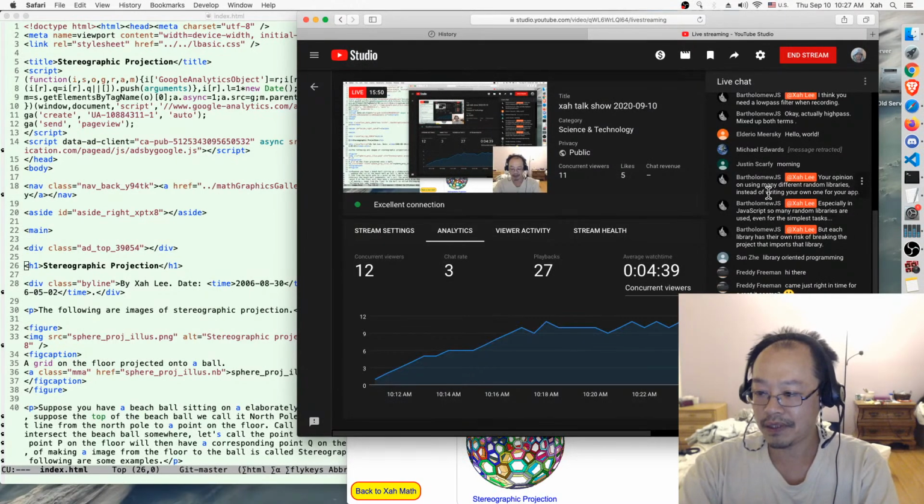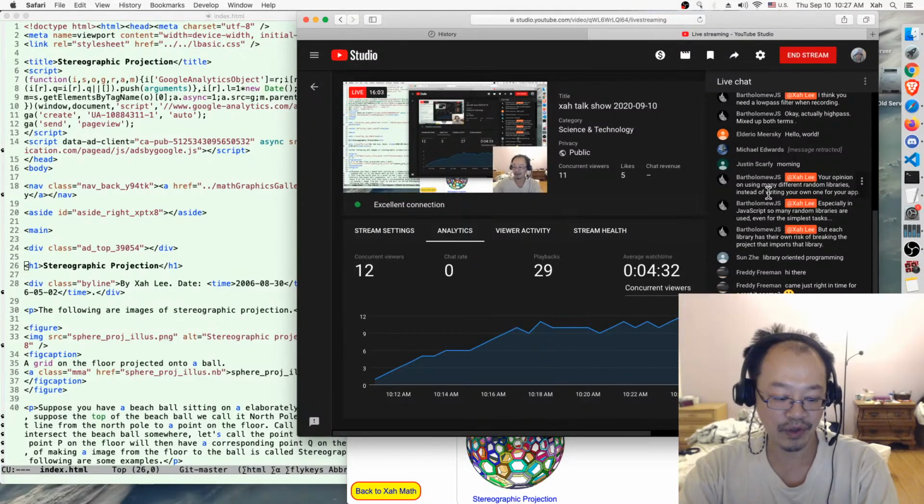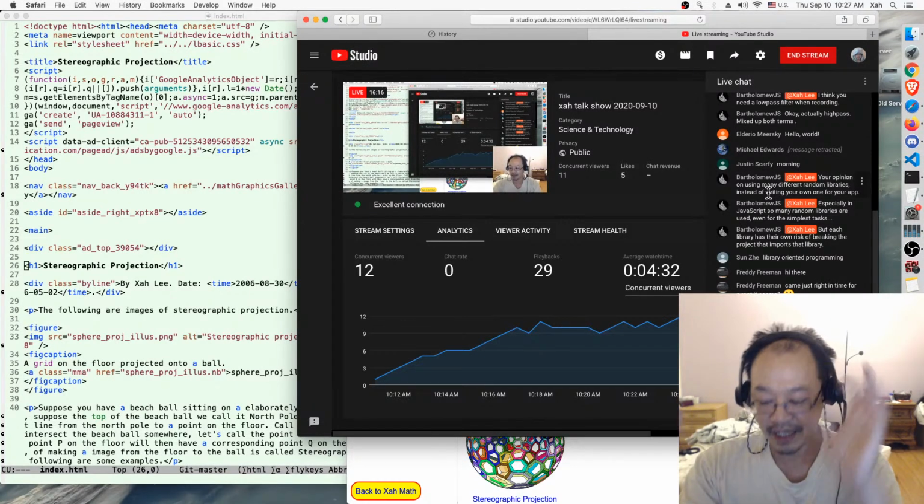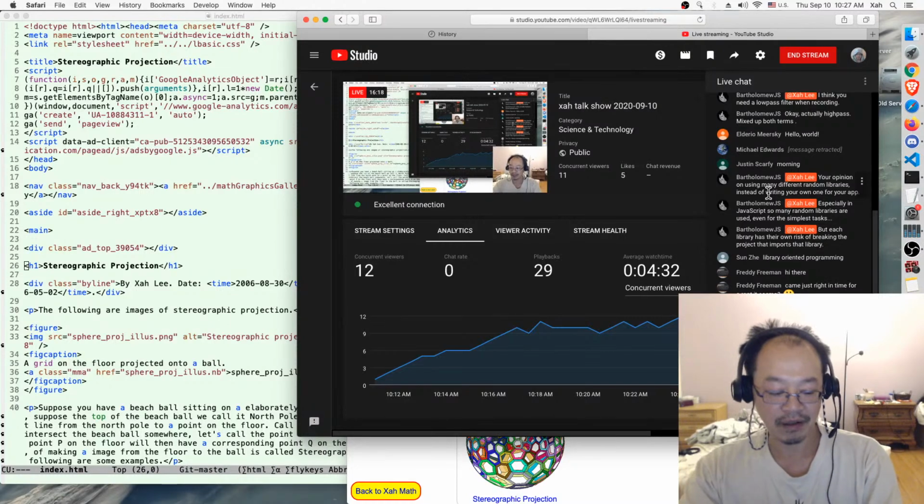So what says, especially in JavaScript, so many random libraries are used even for the simplest tasks. That's right. But each library has its own risk of breaking the project that imports it. That's right. And this situation is particularly severe in the JavaScript community, in particular the npm ecosystem, if you might call it that.